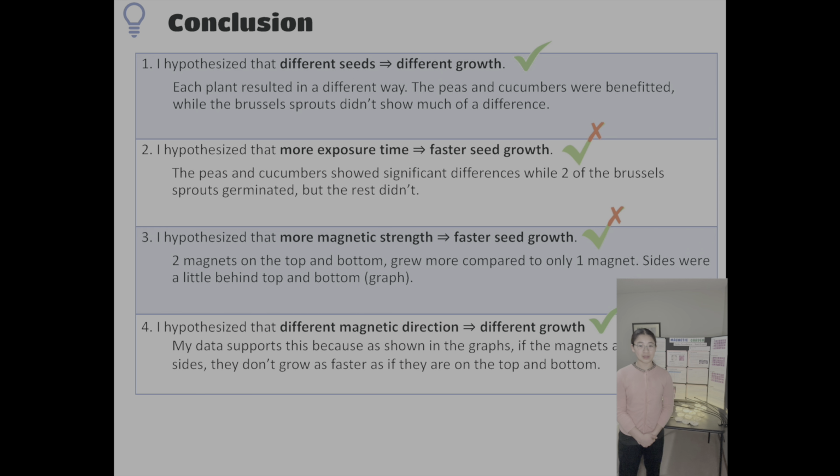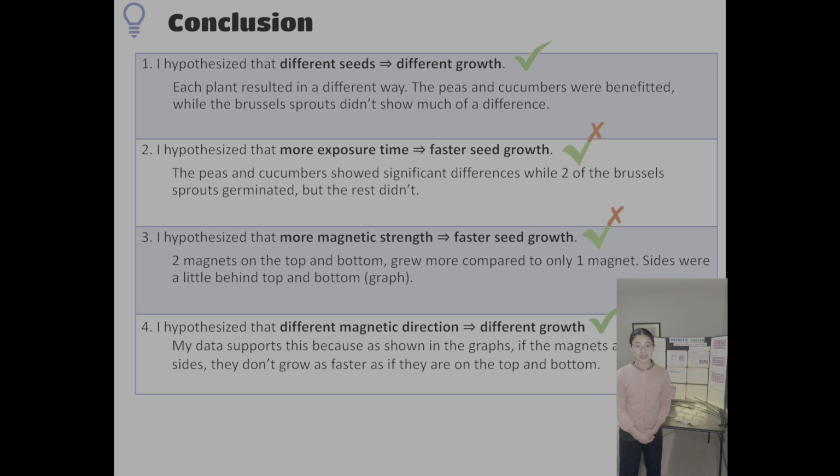So then I came to these conclusions: 1, different seeds would have different growth; 2, a longer exposure time would lead to faster growth; 3, more magnetic strength would lead to faster seed growth; and 4, different magnetic directions would have different growth.